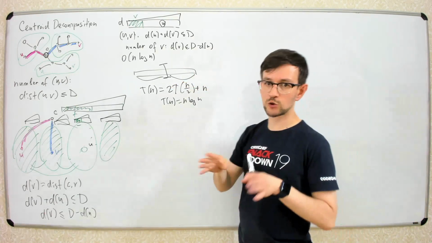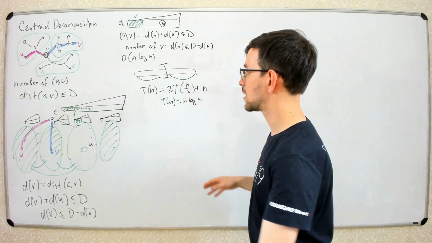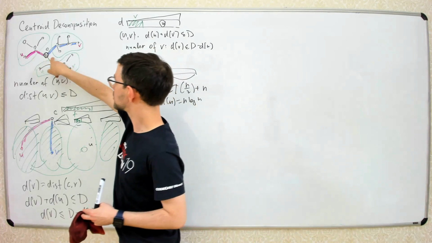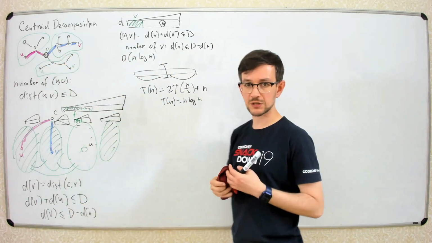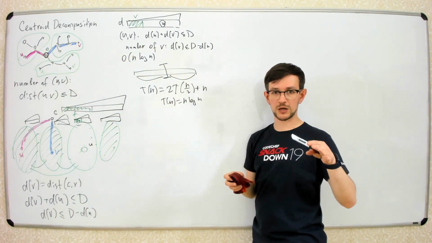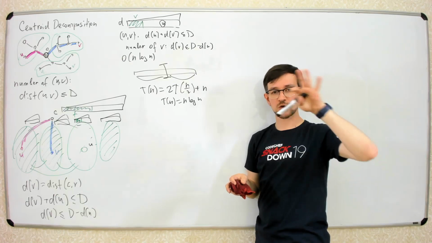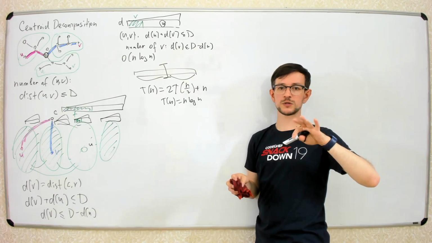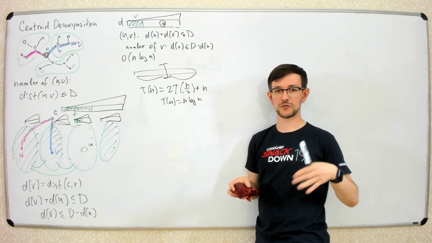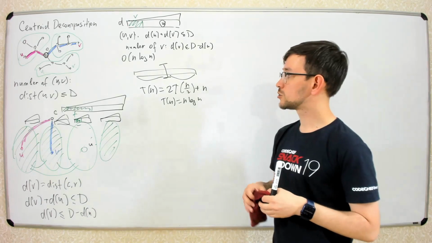In this case, we'll try to do something similar. We will try to pick some vertex C such that the size of these trees will be about n over 2. So the size of all these components will be no more than half of the size of the whole tree. And it turns out it's always possible.